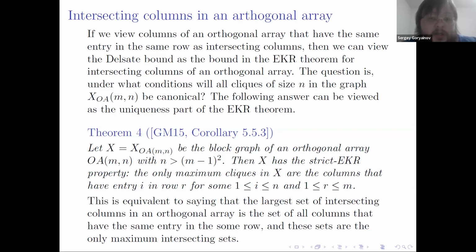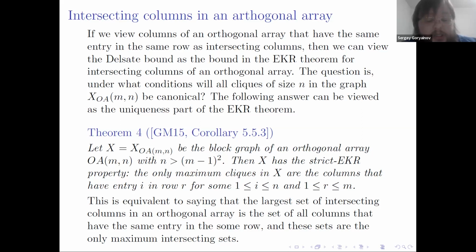The following answer can be viewed as the uniqueness part of the Erdős-Ko-Rado theorem. Let X_OA(m,n) be the block graph of an orthogonal array OA(m,n) with the property that n is strictly greater than (m-1) squared. Then X has the strict EKR property.